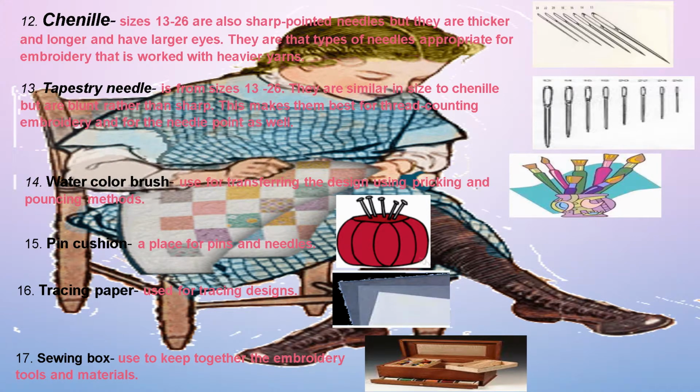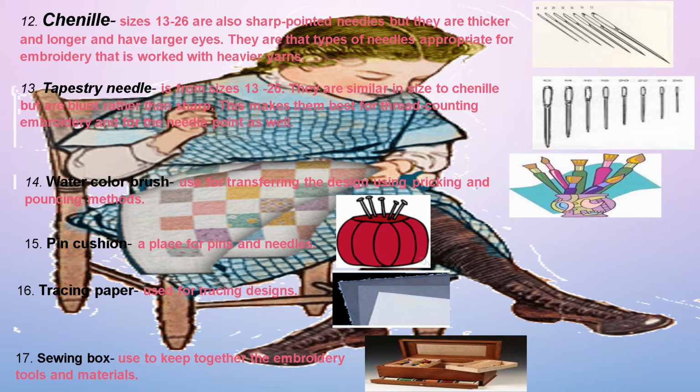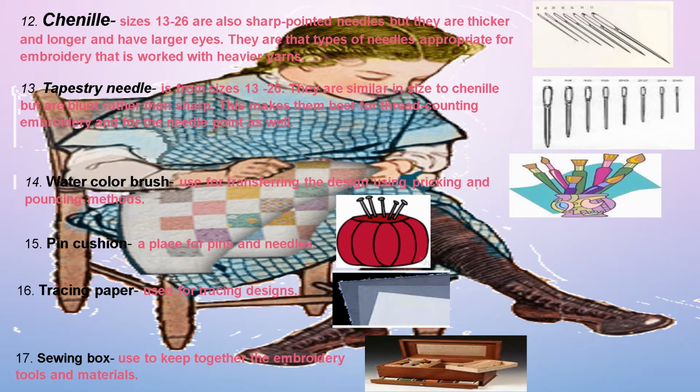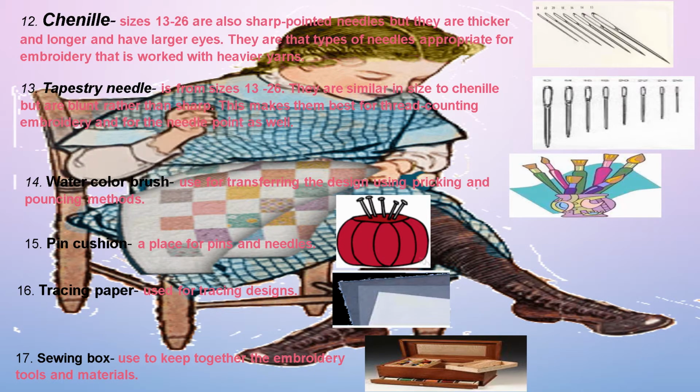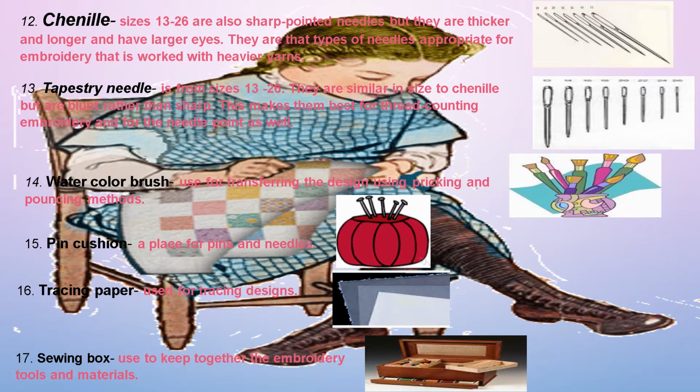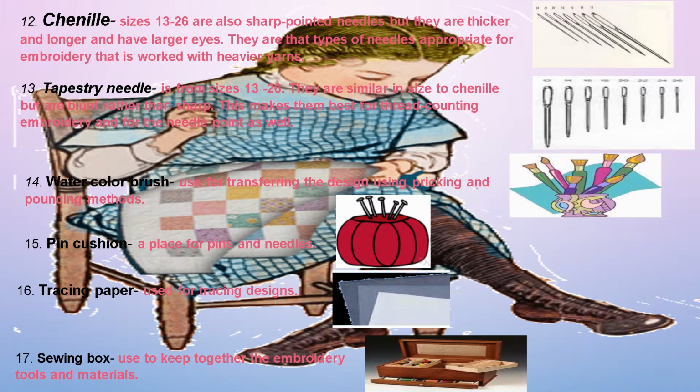Tapestry needle is from sizes 13 to 20. They are similar in size to chenille, but are blunt rather than sharp. This makes them best for thread counting, embroidery, and needlepoint as well.